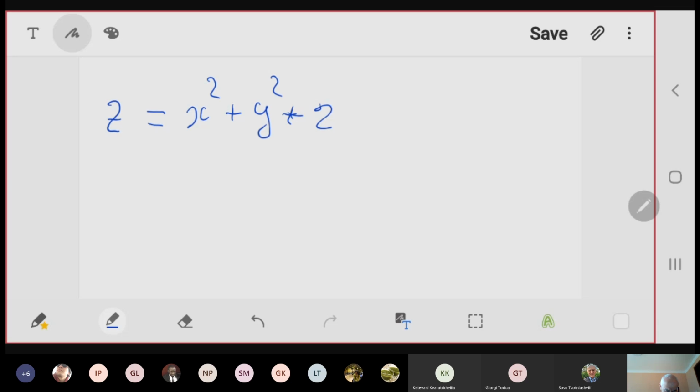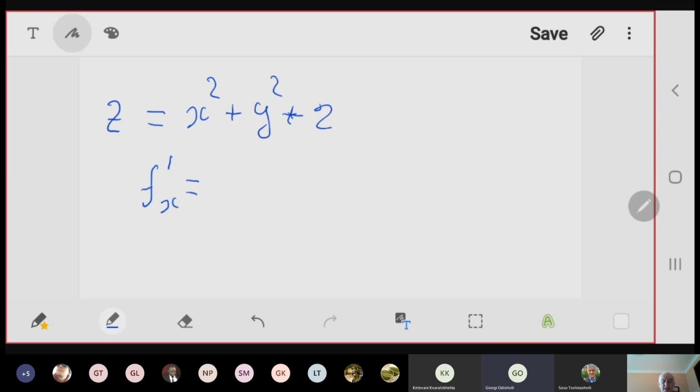And what is the first derivative? First derivative f(x) equals, please help me, what is the first derivative by x? No, just 2x.